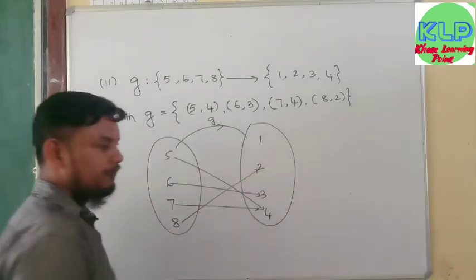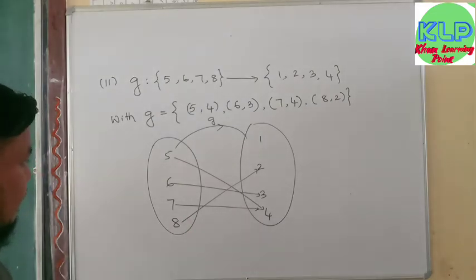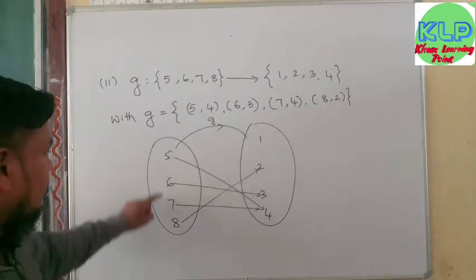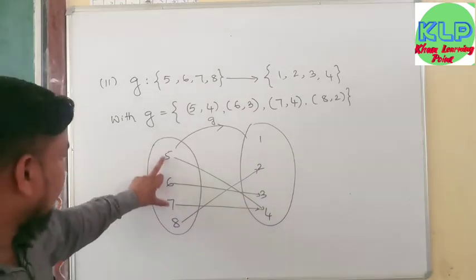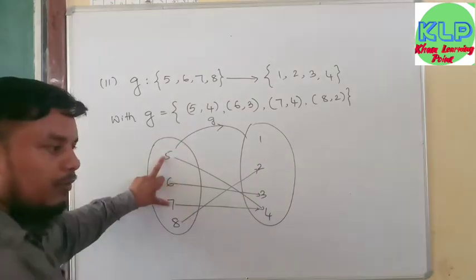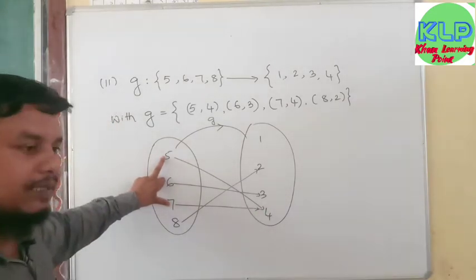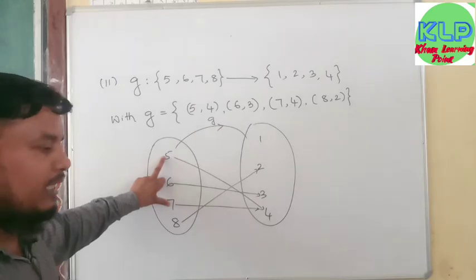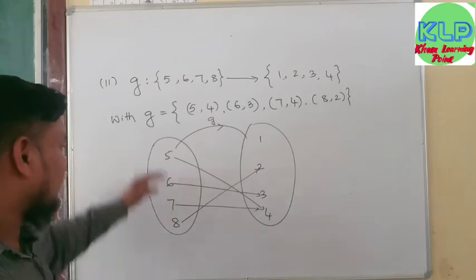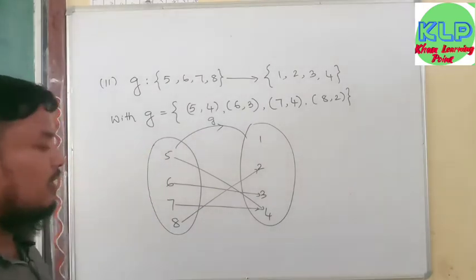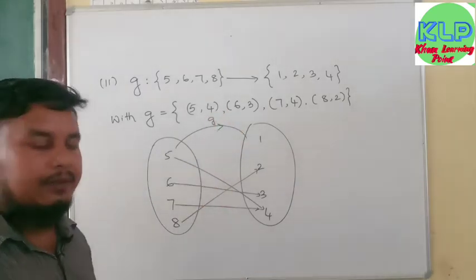From the diagram it is clear that the different elements 5 and 7 of the domain have the same image 4, therefore it is not 1-1, because to be 1-1 different elements of the domain must have different images in the codomain.